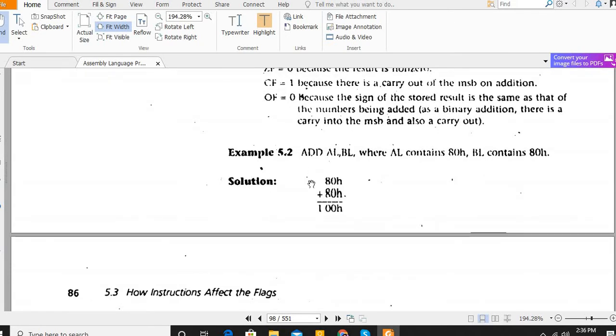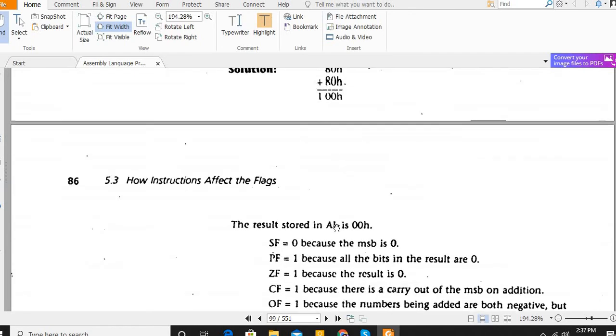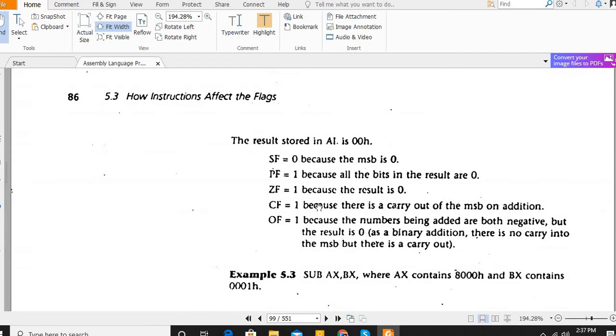Now let me give you another example, like ADD AL, BL, where AL and BL both contain 80H. Here you see SF equals 0 because the MSB is 0.